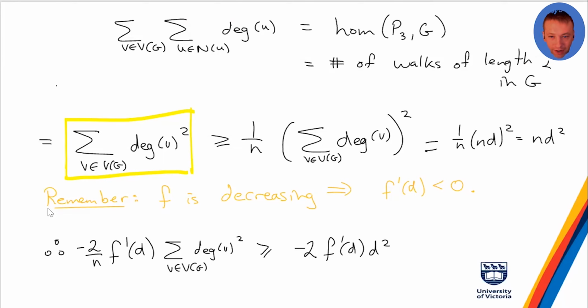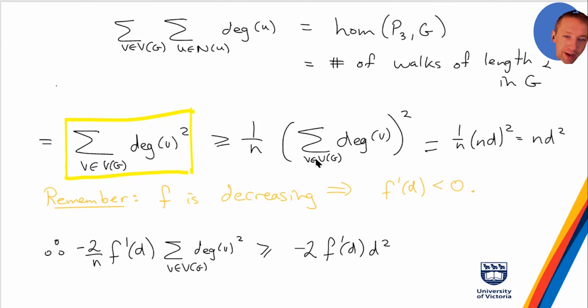And with our standard convexity tricks, we can lower bound this by the sum of the degrees, squared, times 1 over n. And we know what the sum of the degrees is in terms of the average degree, right? The sum of the degrees is just n times d, because by definition d is the sum of the degrees over n. So here we've got a lower bound.